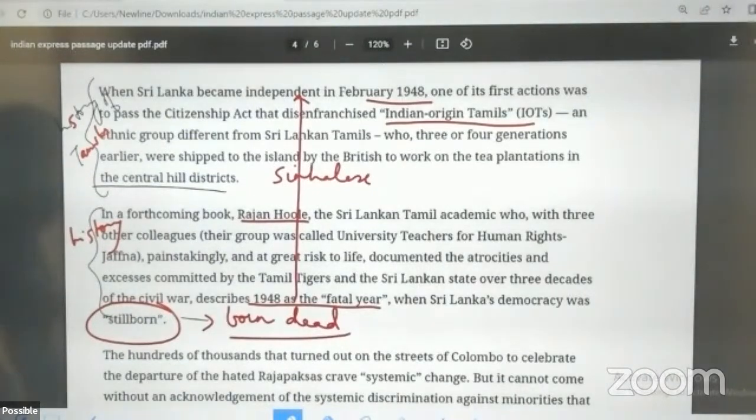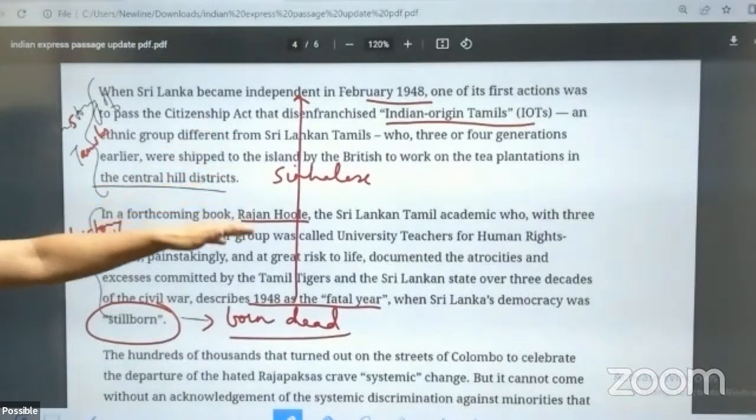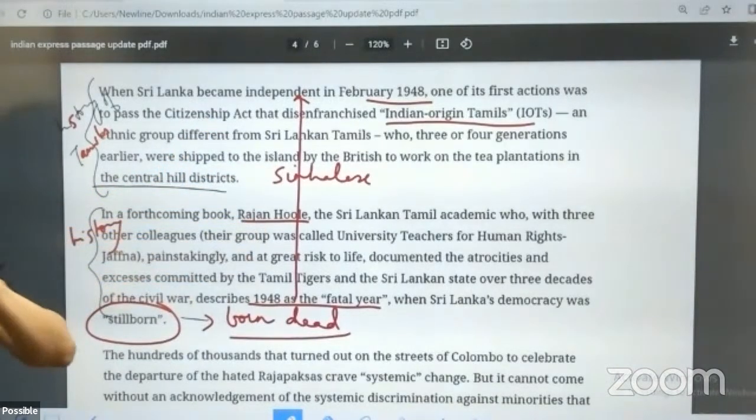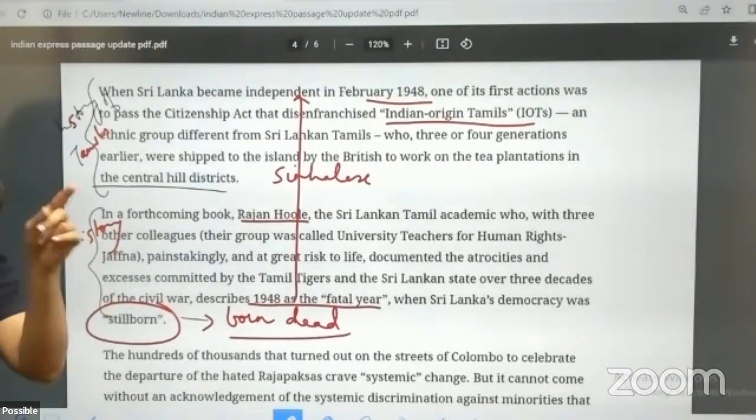The author is calling it lifeless because at the start of the democracy only, the Lankan Tamils were removed from voting. So if a minority group is removed from voting, then can you still call a country democratic? Can you still call that country democratic?